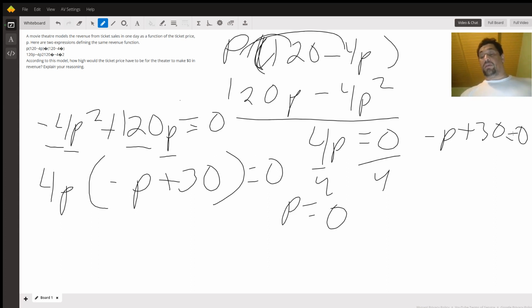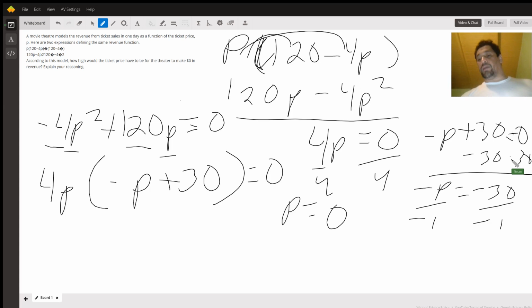But also, if I solve here, minus 30 on both sides, I get negative p equals negative 30. Divided by negative 1 on both sides, that gives me a ticket price of $30.